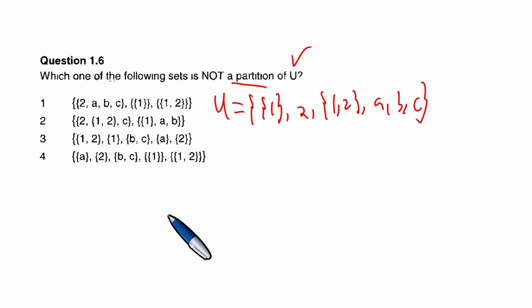Now we need to look very carefully and realize which set would not be a partition. You would realize that the set here contains 1, 2, it contains 1 as well, and it contains BC, which does not appear in U. So this set here cannot be a partition.